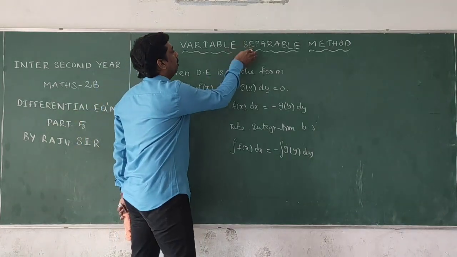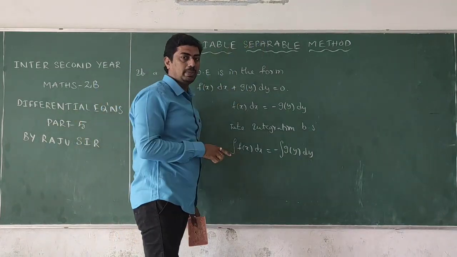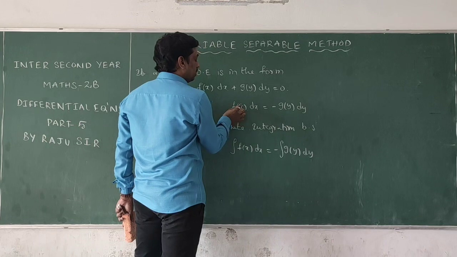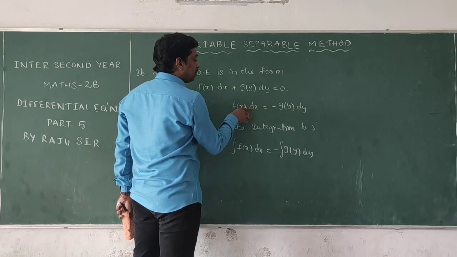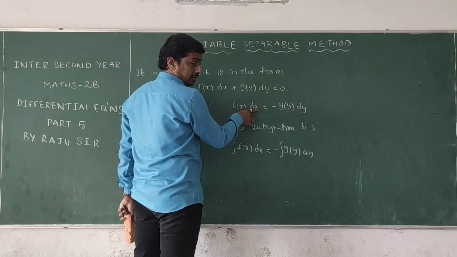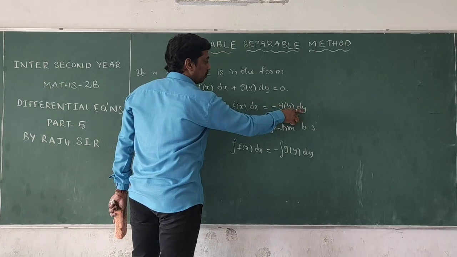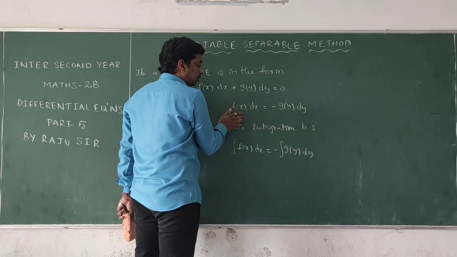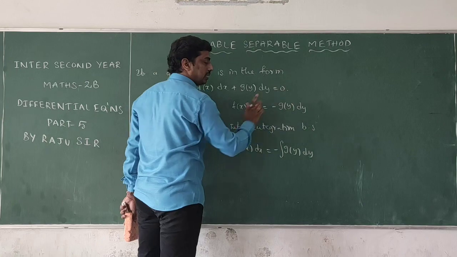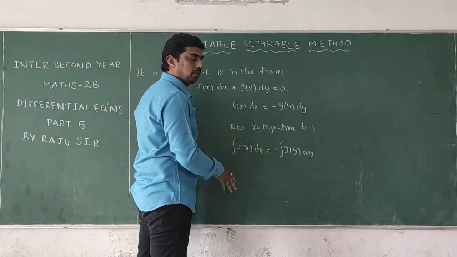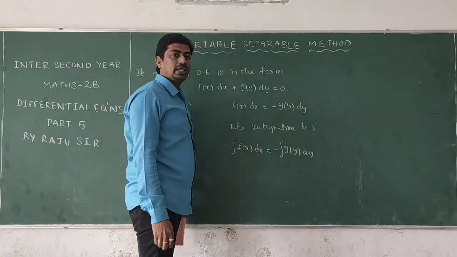This process of solving is called the variable separable method. In the name we have variable separable: x terms are separated with respect to x, y terms with respect to y. Then take integration on both sides and we get the solution very easily.